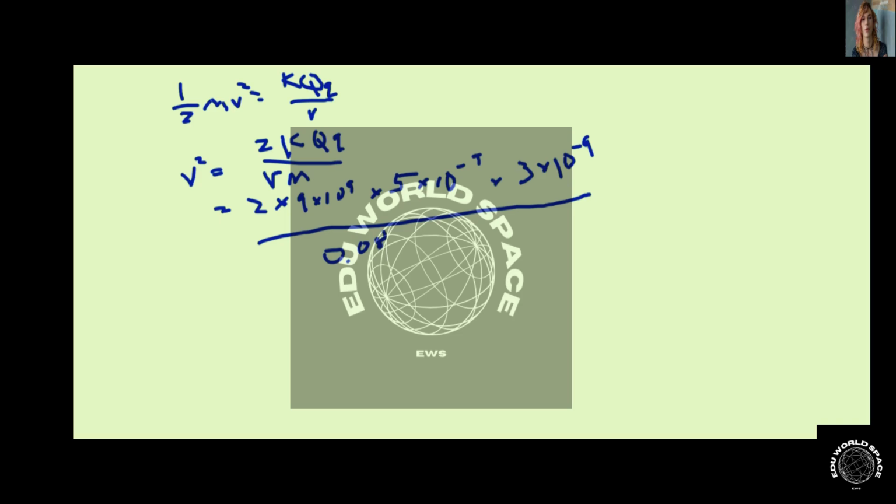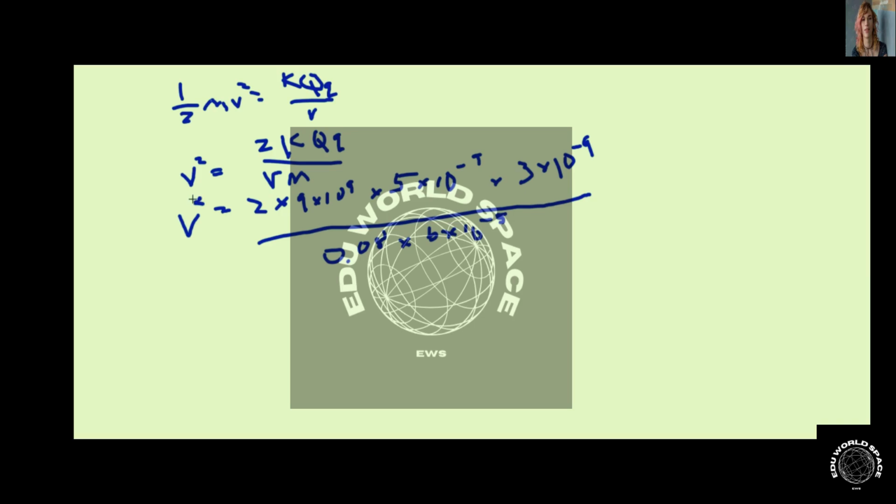And times the mass, which is just 6 times 10 to the -5 kgs. So these are all just constants. I'm just referring back to the question to find out these constants. It's important that we have all these in standard units.